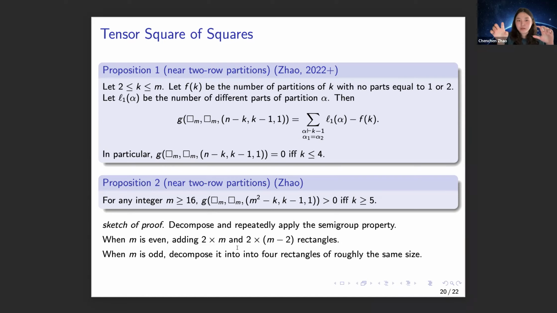We can do induction on this by adding a 2 by m rectangular strip to the right and adding a 2 by m minus 2 rectangular strip to the bottom. By adding those two strips, we make it a larger square, and we can repeatedly apply the semigroup property to show positivity. And when the side length is an odd number, we can decompose it into 4 rectangles of roughly the same size, and again do induction on it.